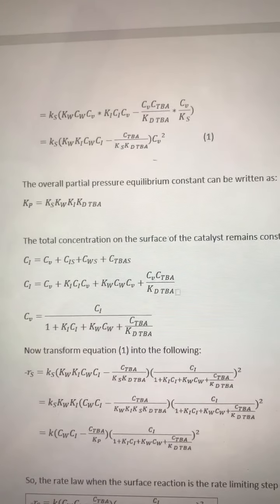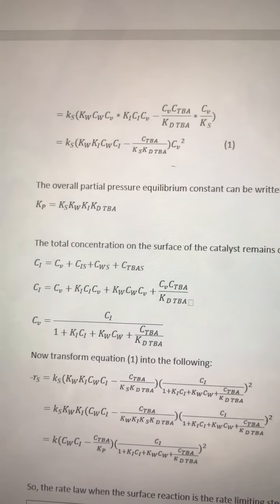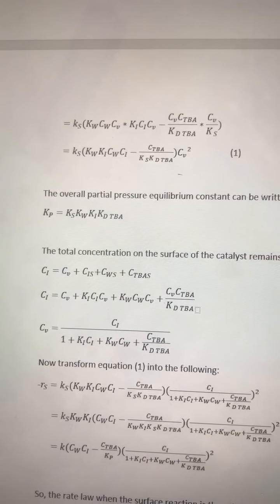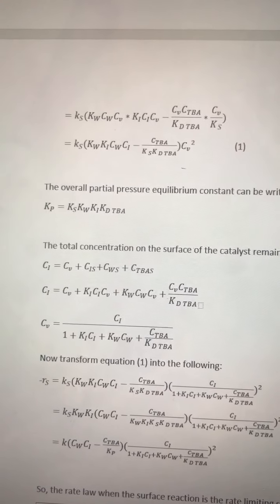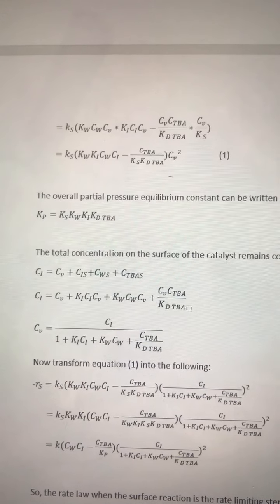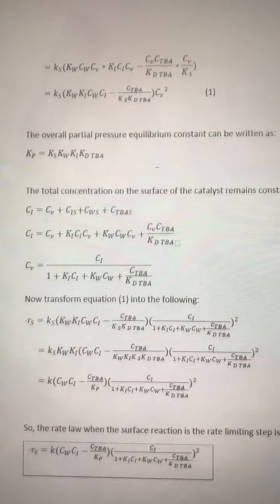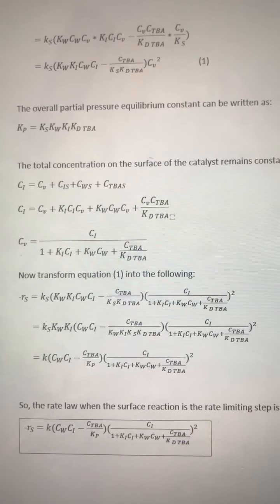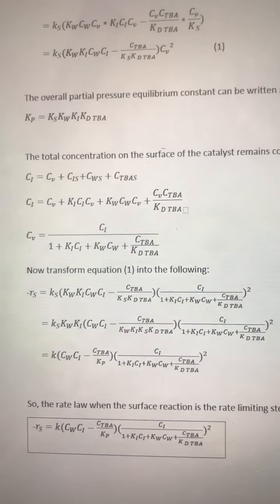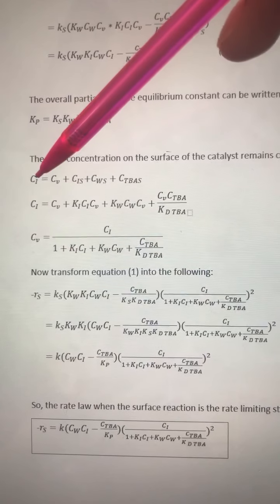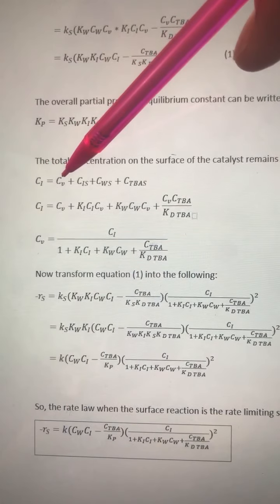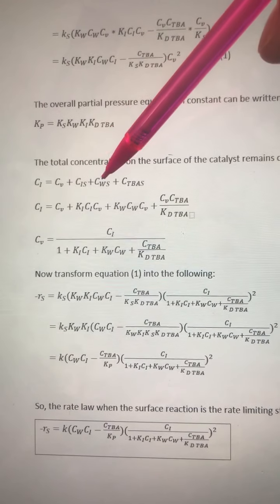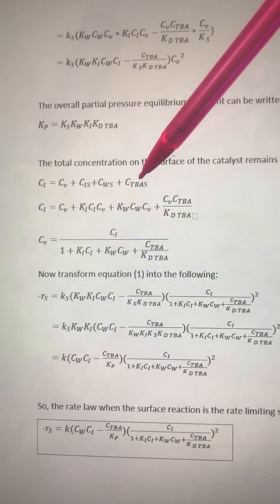Now, the overall partial pressure equilibrium constant can be written as K_P, and this will just allow us to, again, further simplify the rate law down the line. So we know that the total concentration on the surface of the catalyst remains constant. So this is saying the total concentration of sites equals the concentration of vacant site plus isobutene in the site plus water in the site plus TBA in the site.